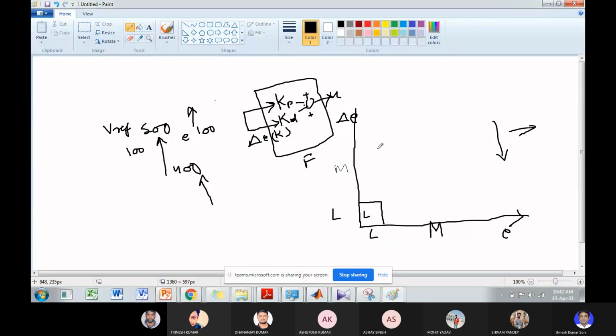So here you have the medium. And when error is very high and the change in the error is also high, in that case, suppose your control action is very high. Control action is duty cycle. So here it is very low, suppose.